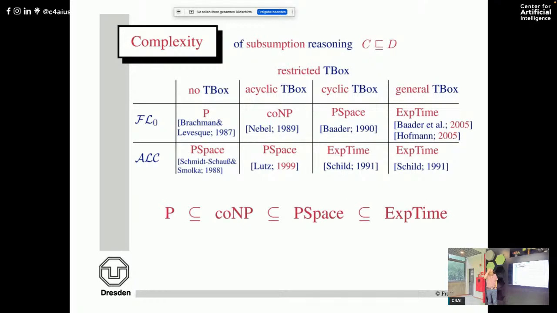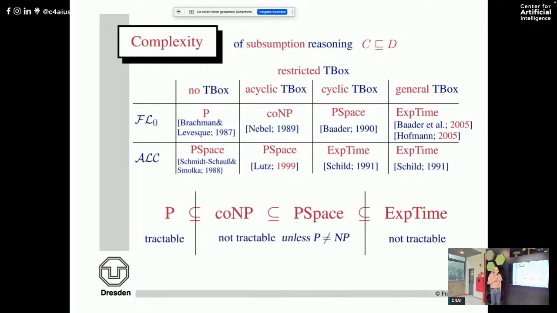Now, just to remind you, polynomial time is usually assumed to be solvable very fast. co-NP or NP is stuff which is already, well, not so great. PSPACE is even harder, and EXPTIME is definitely exponential, so no way around it.